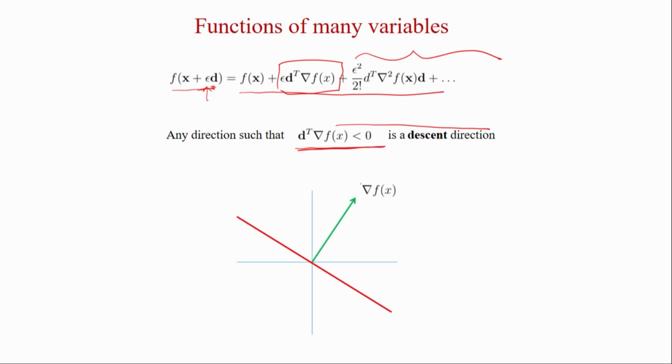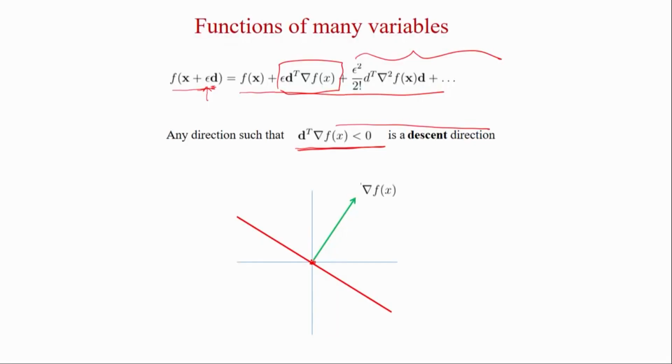So how do you visualize this? Let's say you have a vector, right? You are at this particular point, and your gradient is pointing in this direction, so del f of x. Now we know d transpose del f of x less than 0 is a descent direction. What are the directions in this picture which will give us descent?